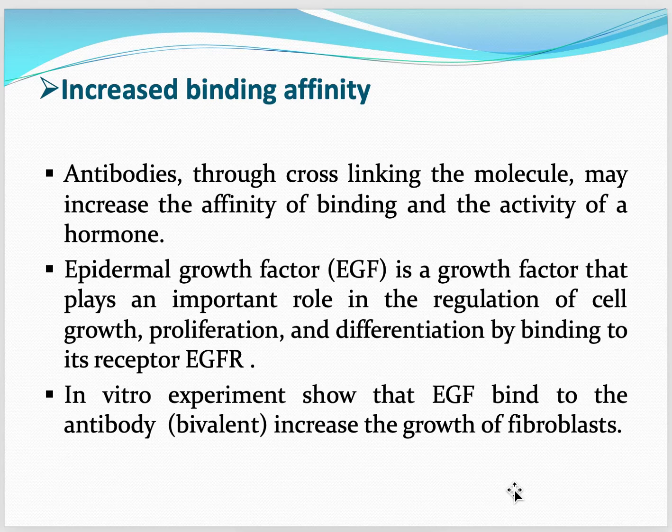Fibroblasts are a kind of cell. The fibroblasts have EGFR, so that's why EGF can bind with them and cause their proliferation and growth. Some in vivo experiments showed that if some antibodies bind with the EGF, the growth of the fibroblasts increased.